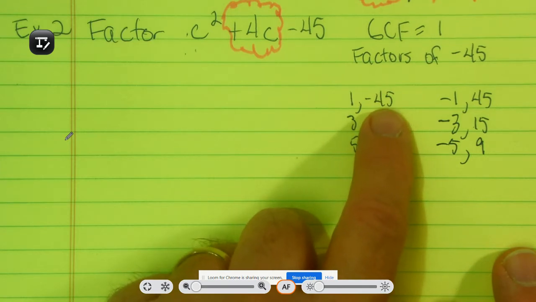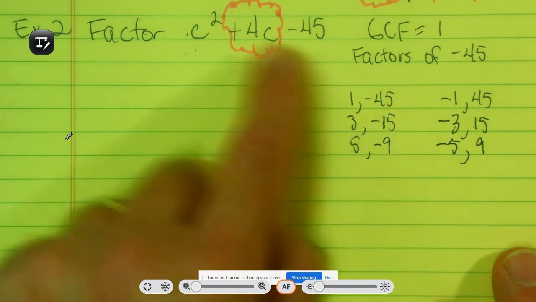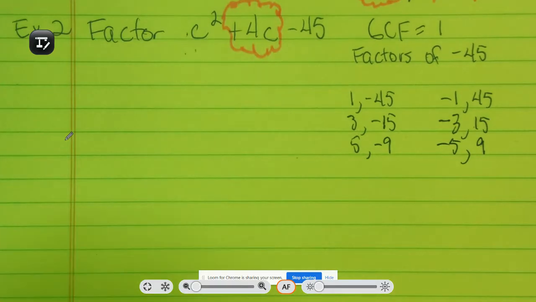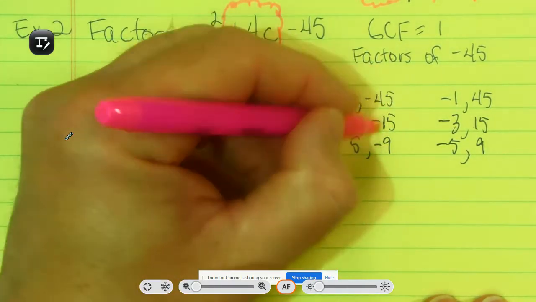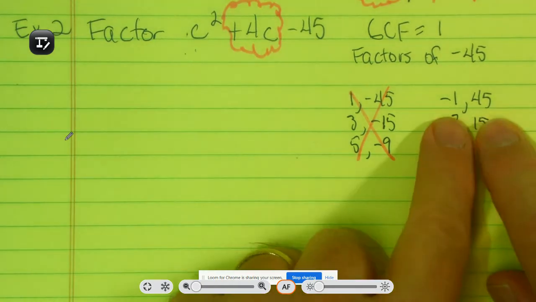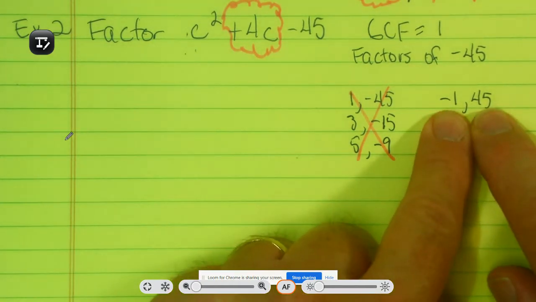So like, I know that negative 45 and positive 1 is negative 44. Well, my center term is actually positive, so I can eliminate all those whose larger numbers are negative. In other words, this first set I can eliminate, but this will probably work because negative 1, positive 45 is positive 44.